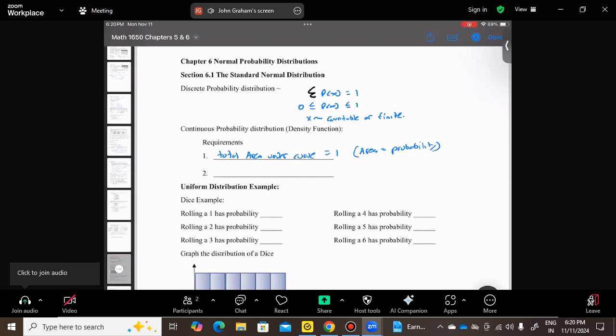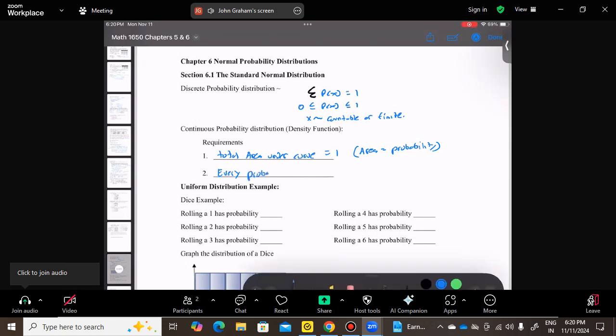And the second thing is every probability on the curve is greater than or equal to 0, and you can also say it's going to be less than or equal to 1.